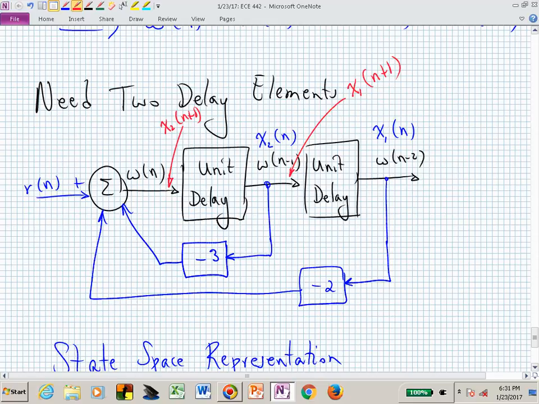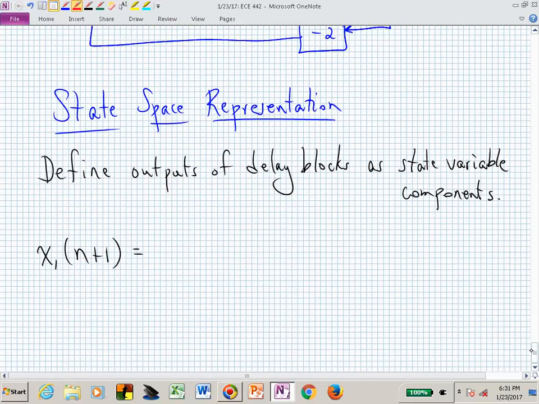Questions on that? Now we should be able to write x sub 1 of n plus 1 as something times x sub 1 of n plus something times x sub 2 of n plus something times, typically that will be u of n, but in this case it's r of n, our reference input.